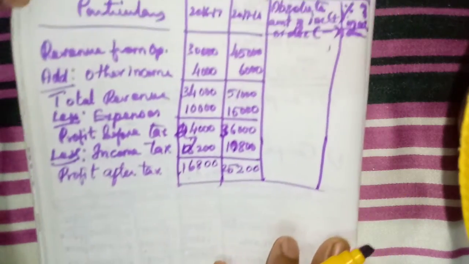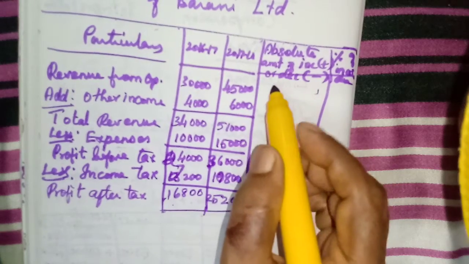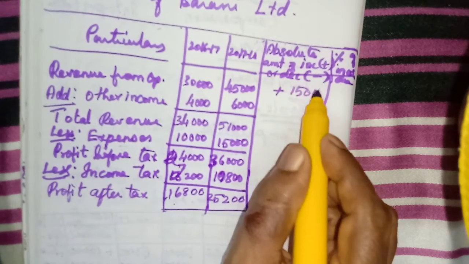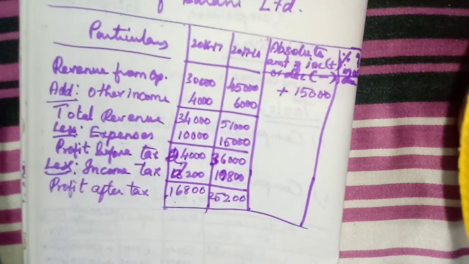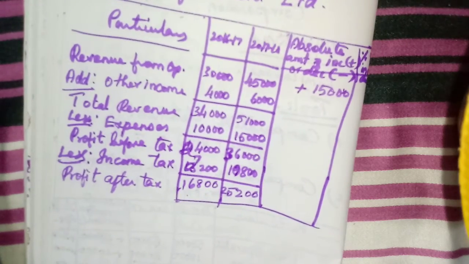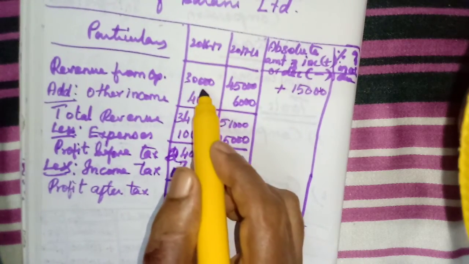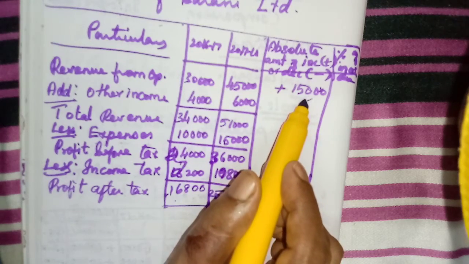Now we will calculate the absolute amount of increase or decrease. Here plus 15,000. For mind also you can calculate. See, 30,000 divided by 2 is only 15,000, isn't it?